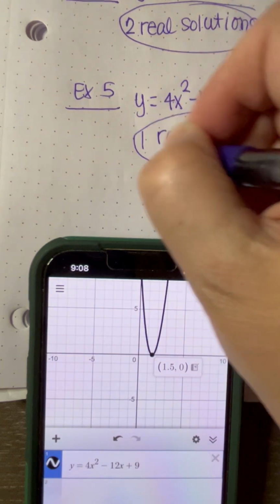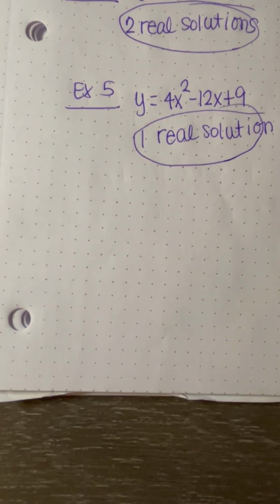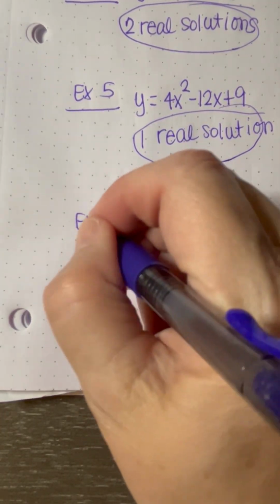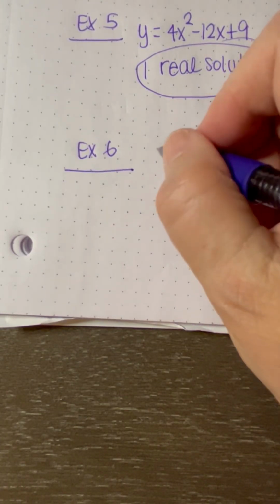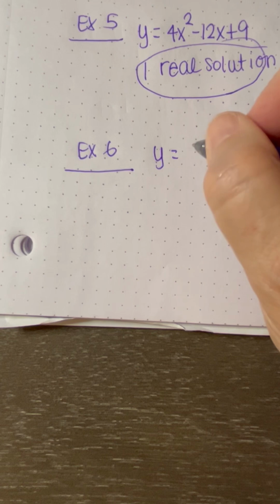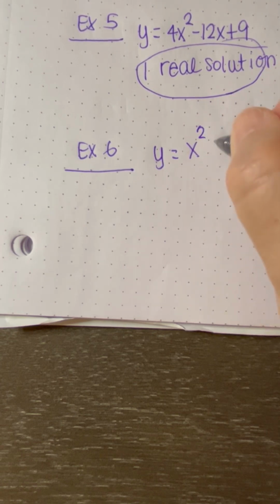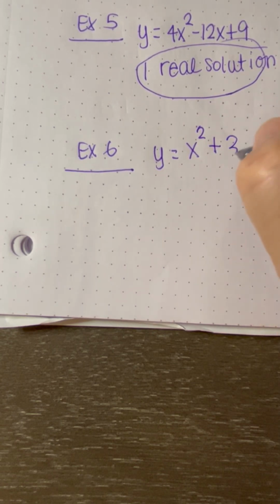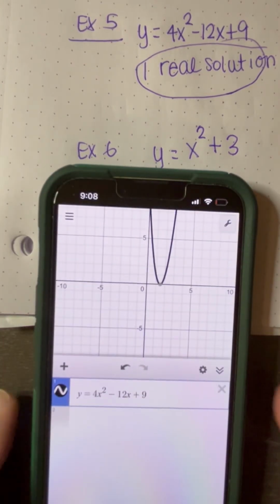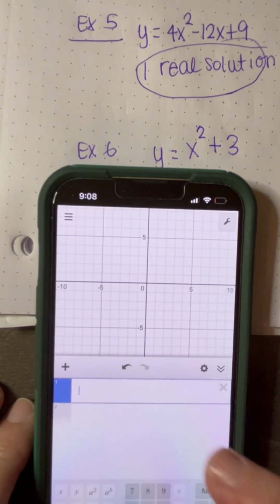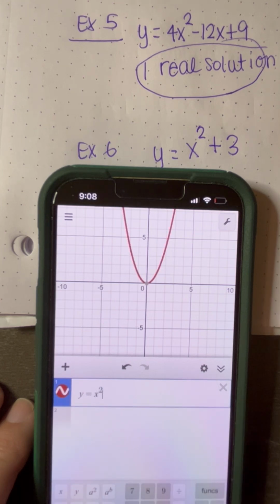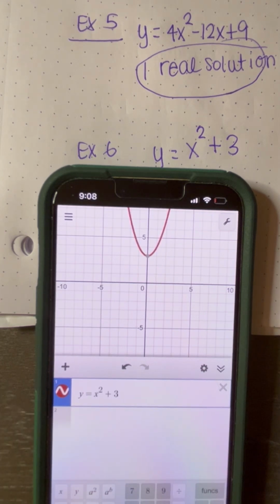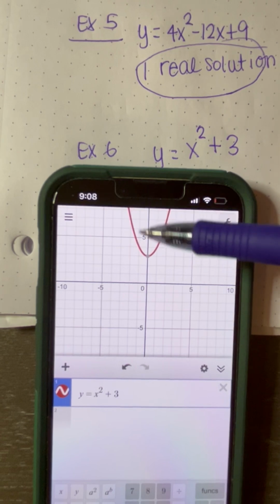And then let's get one more in here. For example 6, let's do y equals x squared plus 3. So you've got your u right there.